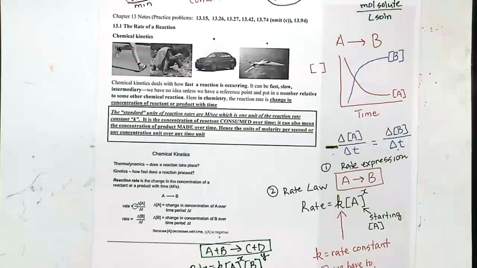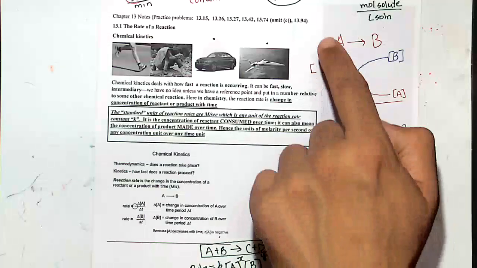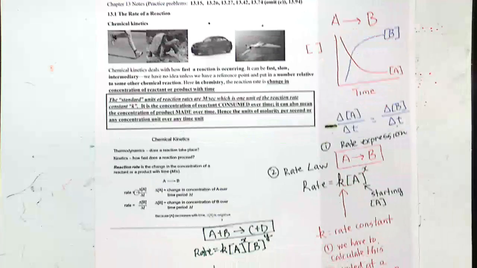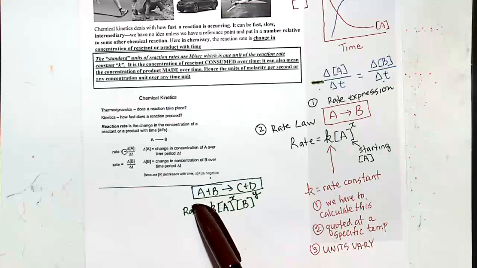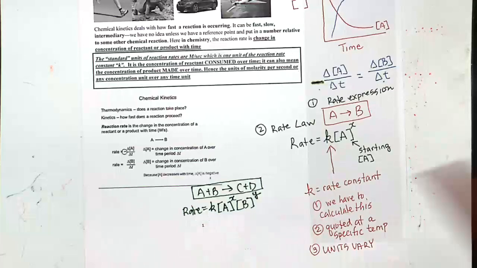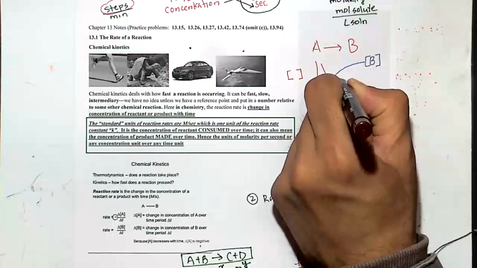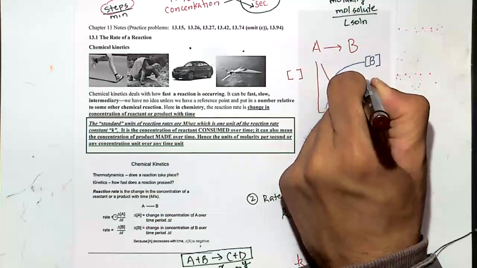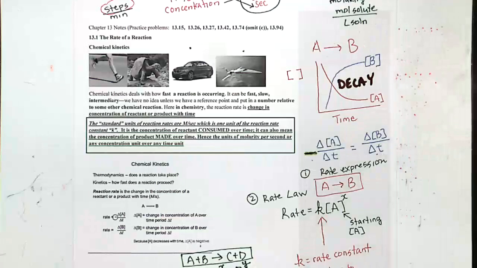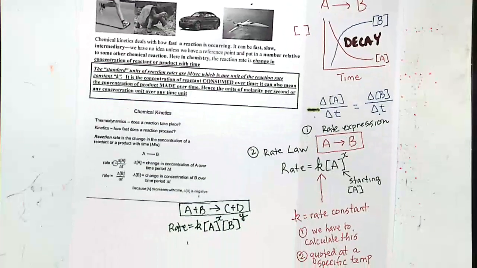We will determine this by the decay of A, and the decay of B. So we determine how fast based on the decay of A. This is our measurement to determine how fast the reaction is going to occur.